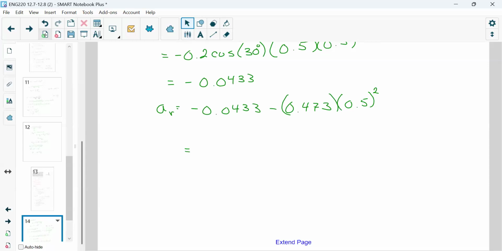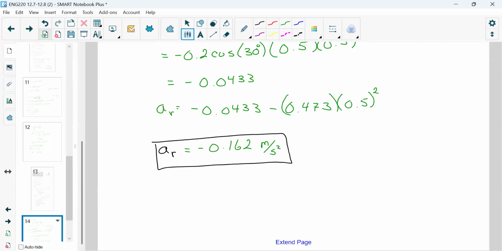So what we end up with for a sub r is negative 0.162. Okay, so this is my a sub r, right? This is one that I'm going to have to put into that square root term.